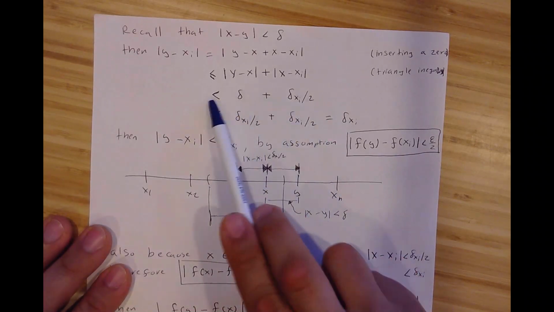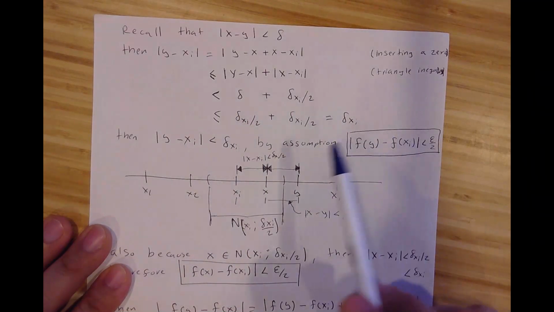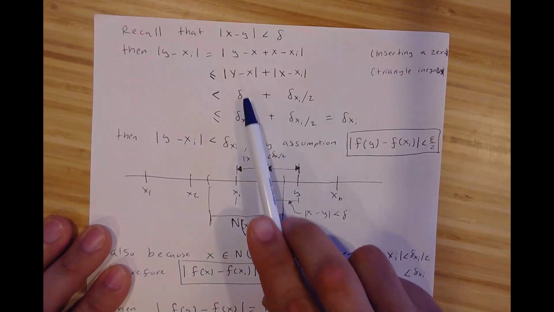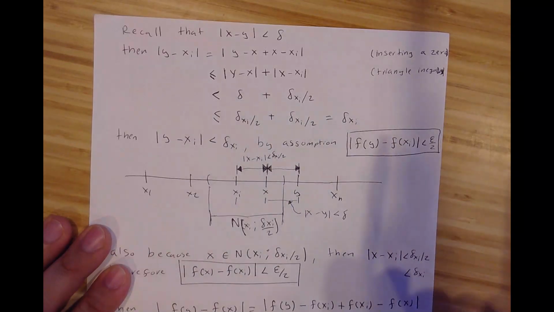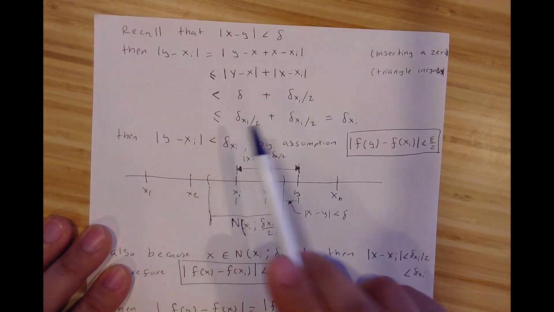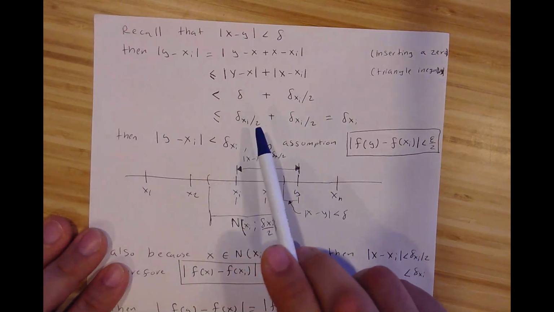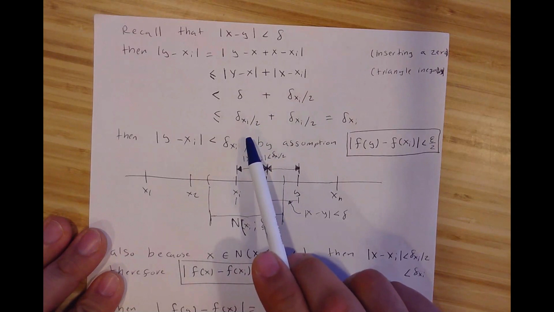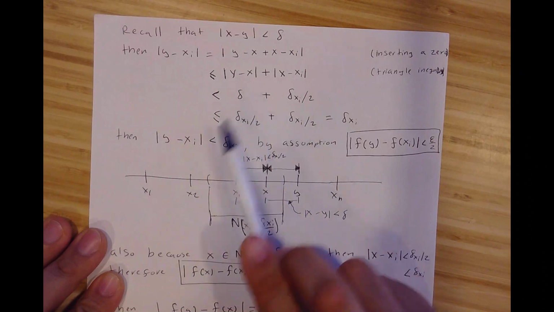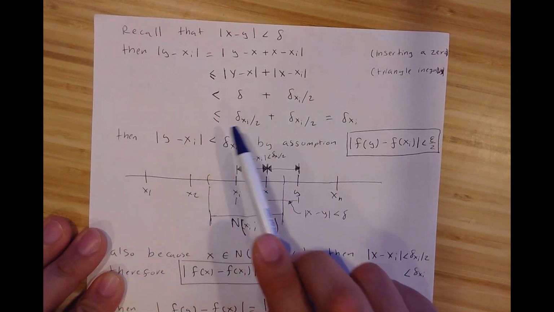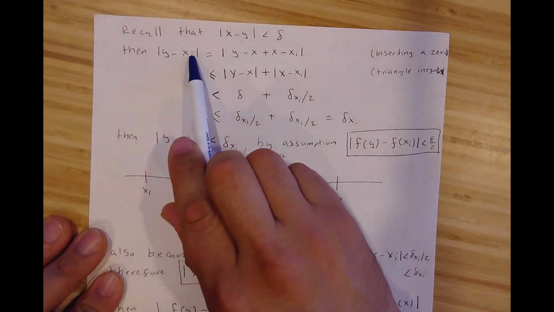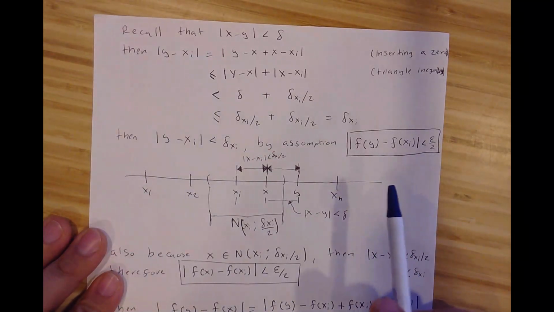Also this is less than or equal to delta xi, because this delta is the minimum of all the deltas. It could be the same because it could be the minimum, or it could be a little bit greater, and it would still be greater than the whole distance that we are looking for.